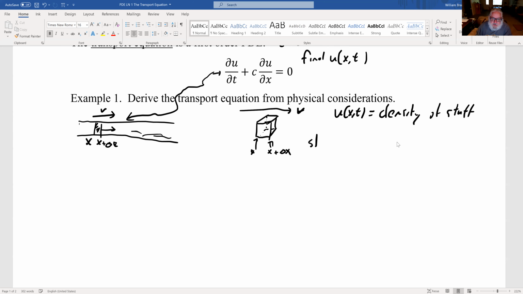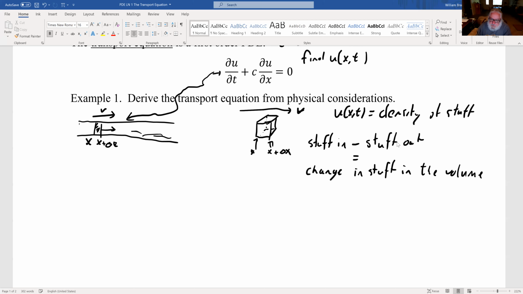Well, stuff in minus stuff out equals change in stuff in volume.